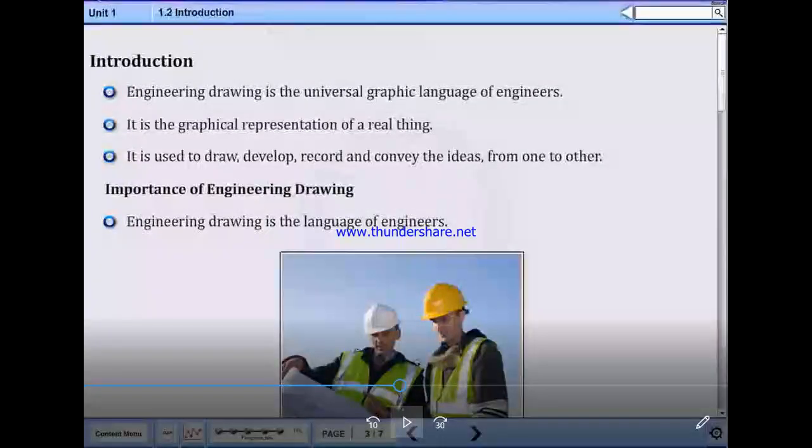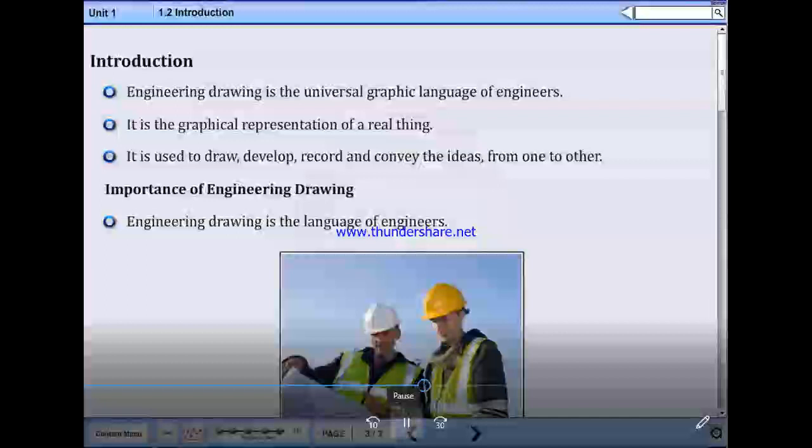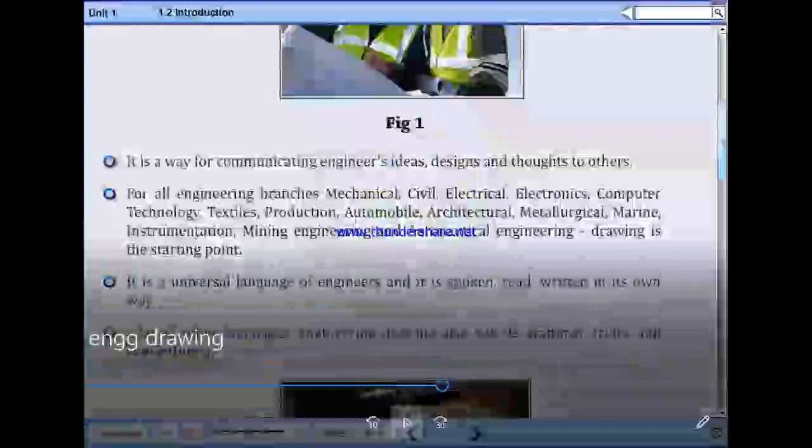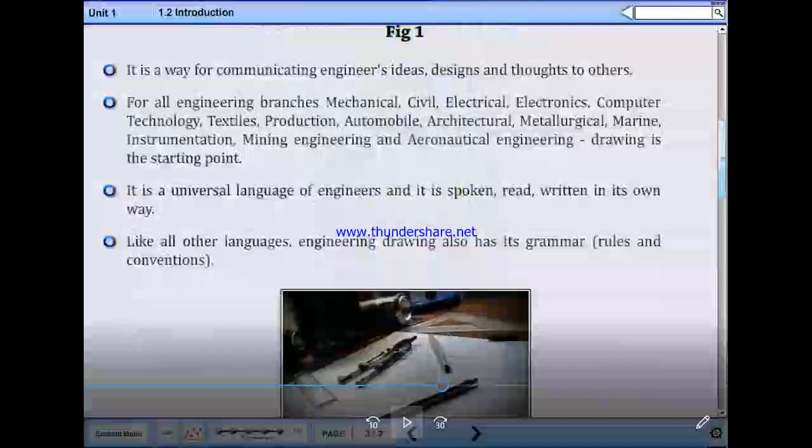Importance of engineering drawing: engineering drawing is the language of engineers. It is a way for communicating engineers' ideas, designs, and thoughts to others.